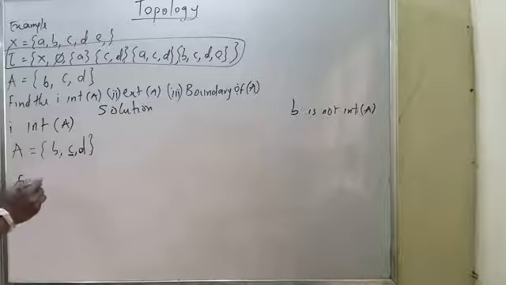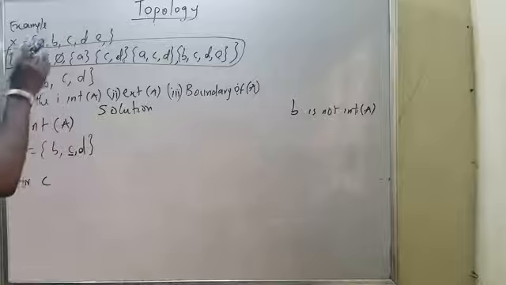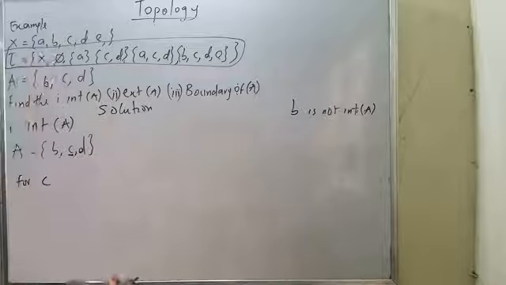For C, I'll move on by having all open sets that contain C. Normally X, then S is supposed to be there, but if I do the same thing for S, it won't be on that.